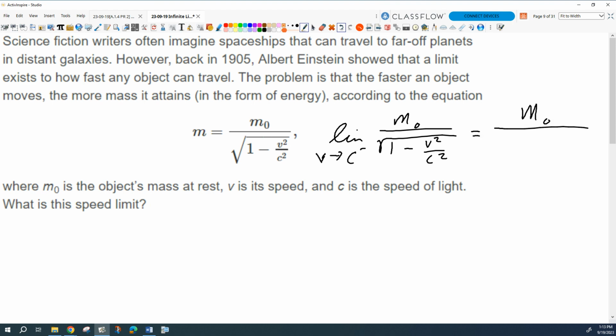Rest mass, which is some positive constant. Mass is positive, right? On the bottom, I'm getting the square root of what? 1 minus c minus squared over c squared. What is c minus squared divided by c squared?